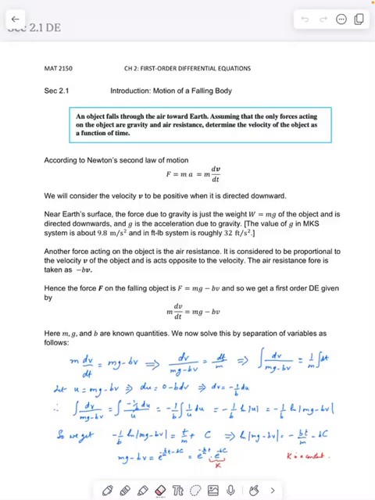Now near the Earth's surface, the force of gravity is due to weight only. So weight is given by m times g, mass times the acceleration due to gravity, which is denoted by little g.